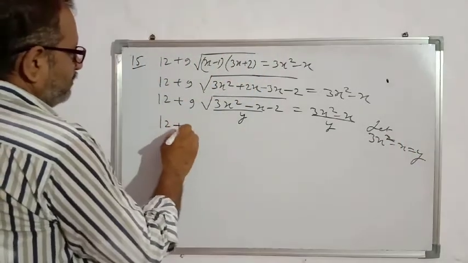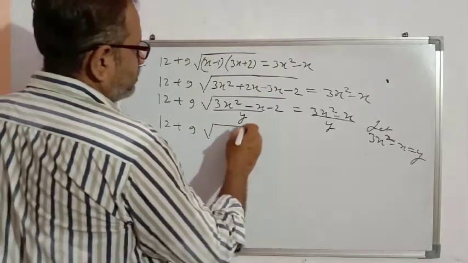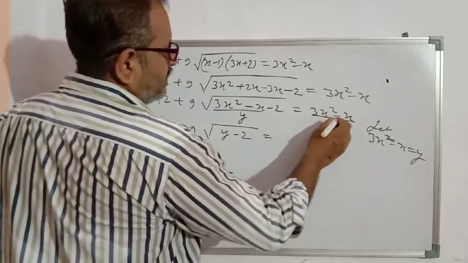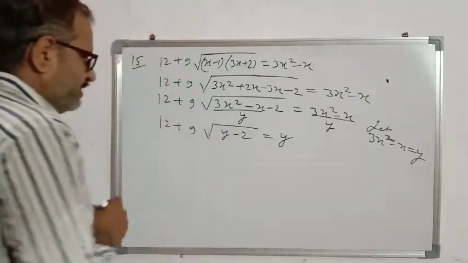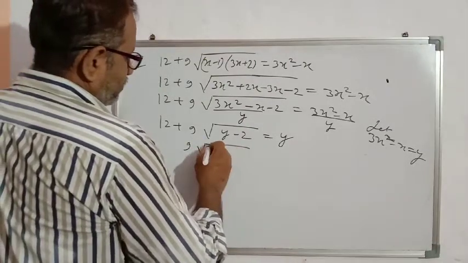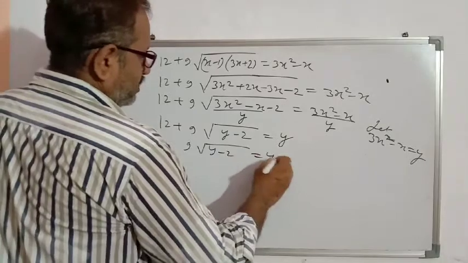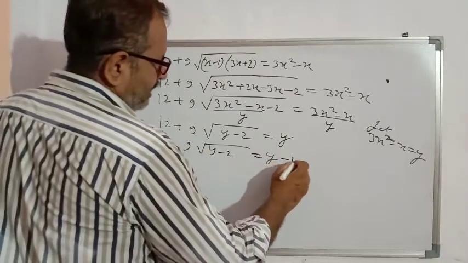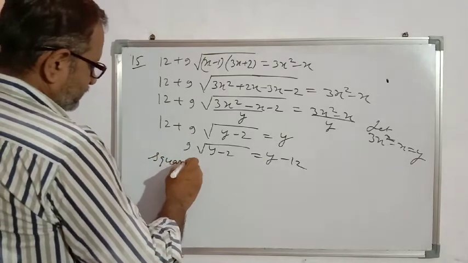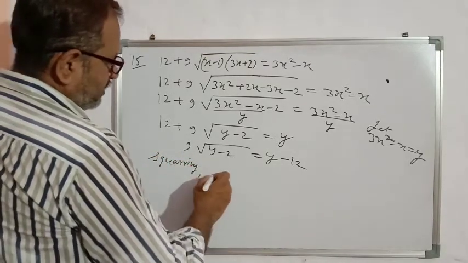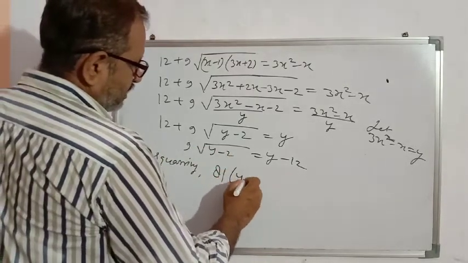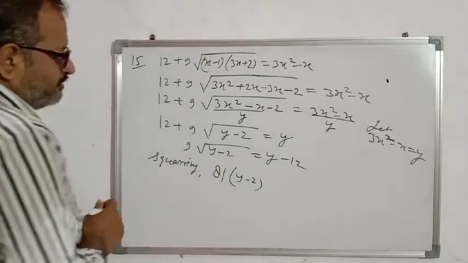So we can write 12 plus 9 under root y minus 2 is equal to y. Transpose 12 to the right side: 9 under root y minus 2 is equal to y minus 12. Now squaring. When we take the square, 9 square is 81, and root y minus 2 whole square is only y minus 2.